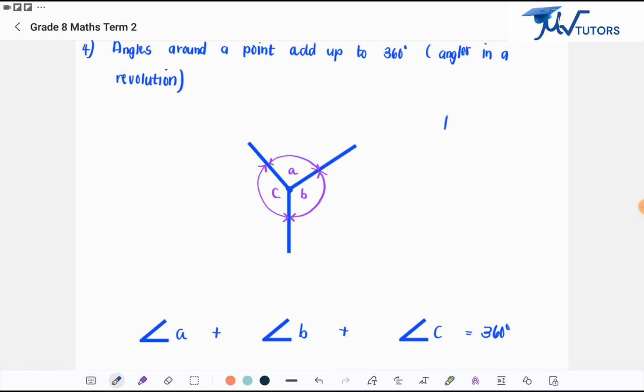We've talked about 180 degrees, that's angles on a straight line. We've talked about 90 degrees, and those are angles that are perpendicular to each other, or lines that are perpendicular to each other form angles of 90 degrees. And now we're talking about angles that add up to 360 degrees, which is basically angles around a point. Okay.